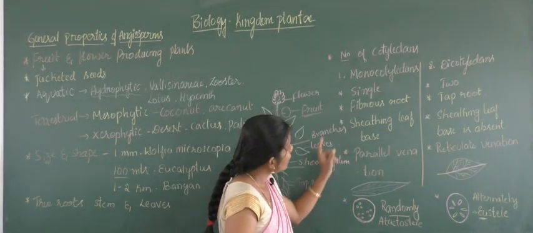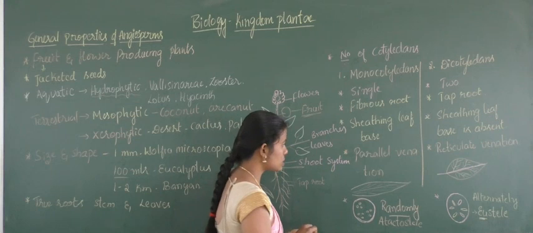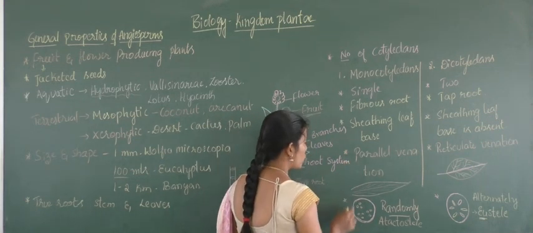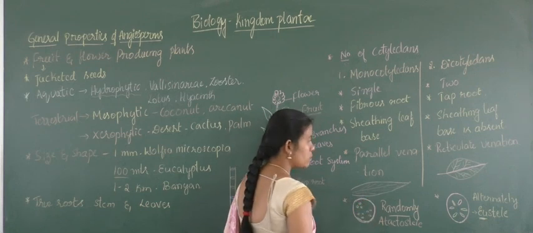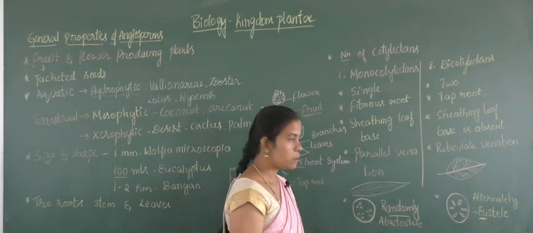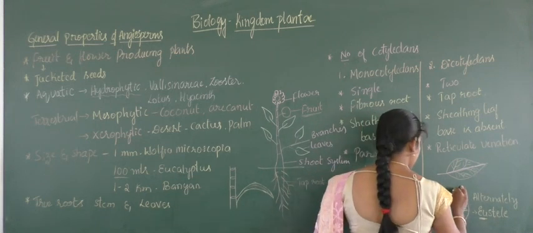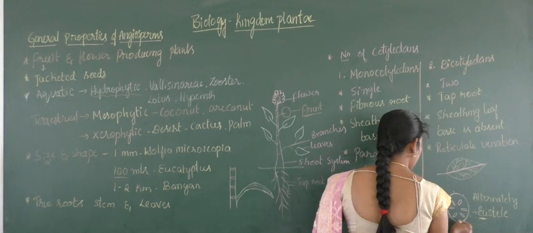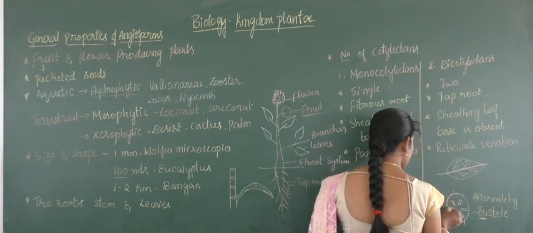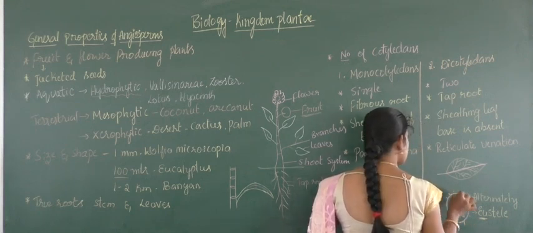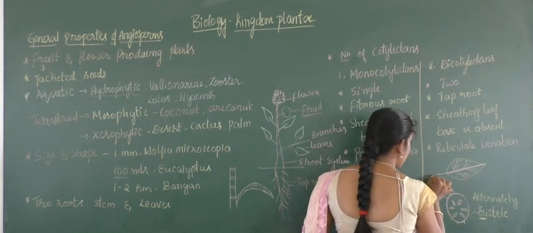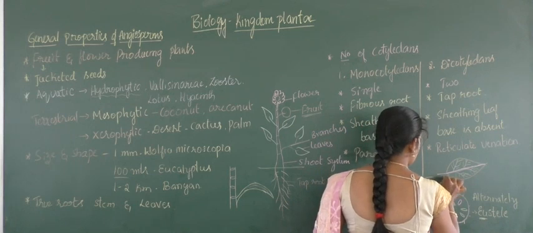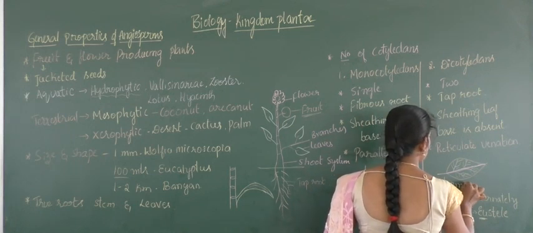Then again, one more additional anatomical structure. In the case of monocotyledons, in the outermost region, the root hairs are absent. But in the case of dicotyledons, at the epidermal layer, the outermost layer, there will be a presence of hair-like structures both in the root and the stem, and that type of structure is called trichome.